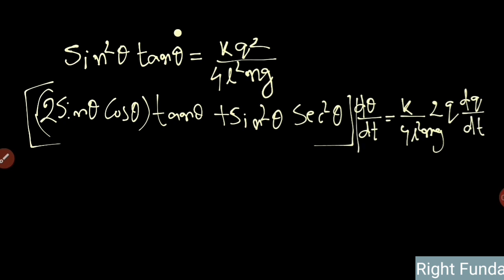If I take the mod of both sides, I take only the positive values, and this quantity is given as ω0. So from this we can simplify and get the value of dq/dt.